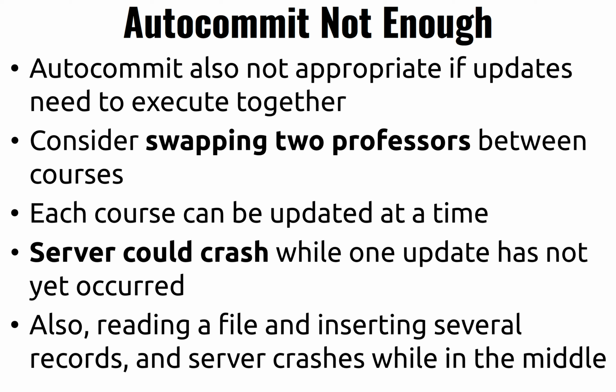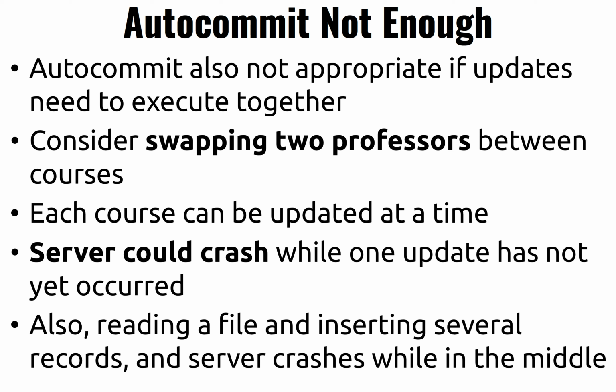So, for instance, you would not be able to handle it if the server crashes while you were iterating or updating something in the database. If the server crashes in between two inserts or two updates, it might be that one was successful but the other one wasn't, right?